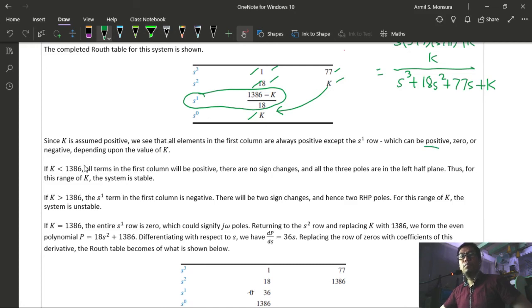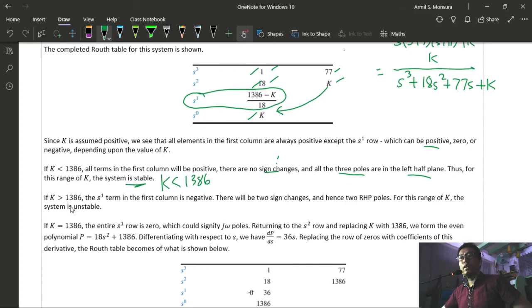Now, if we set K to be less than 1386, all the terms, ito magiging positive din to. So therefore, lahat ito positive, and there will be no sign changes, and therefore, all the three poles of your system are in the left half plane. Thus, for K less than 1386, your system is stable.